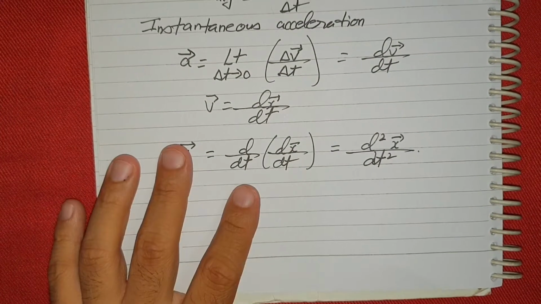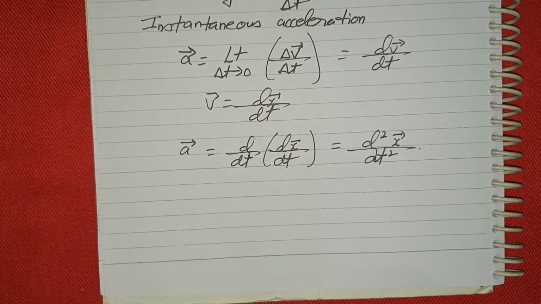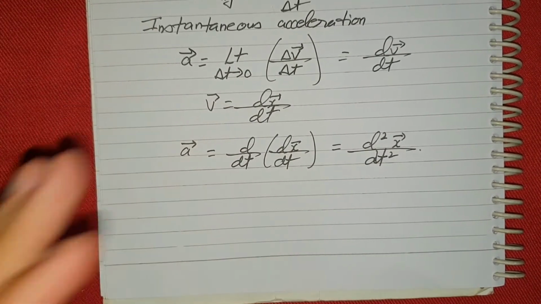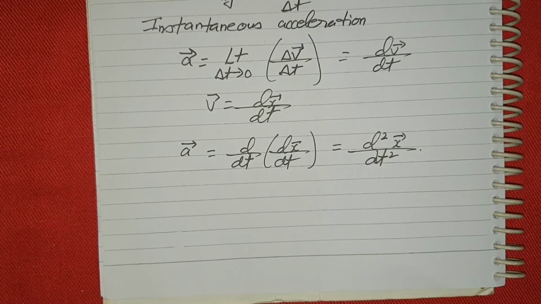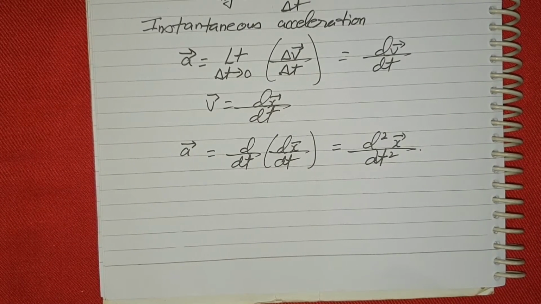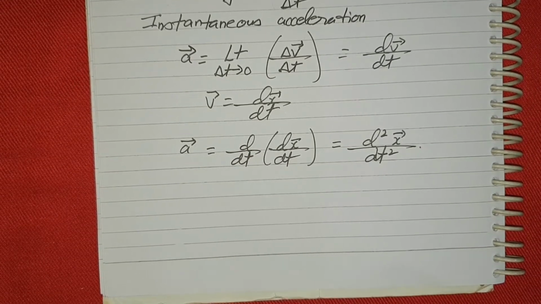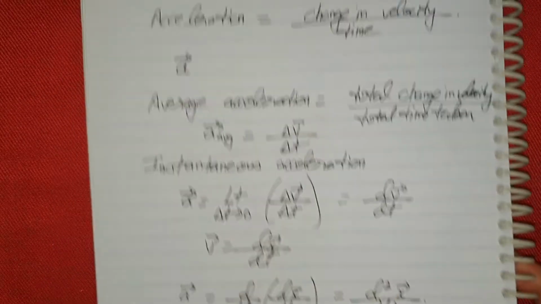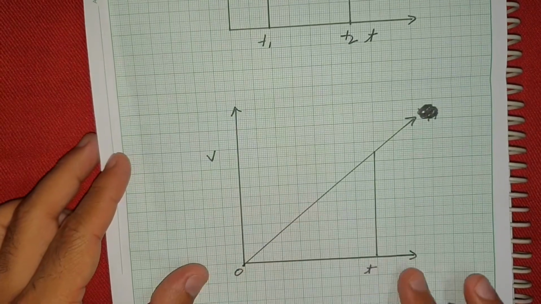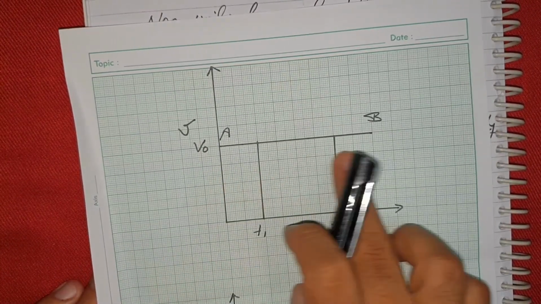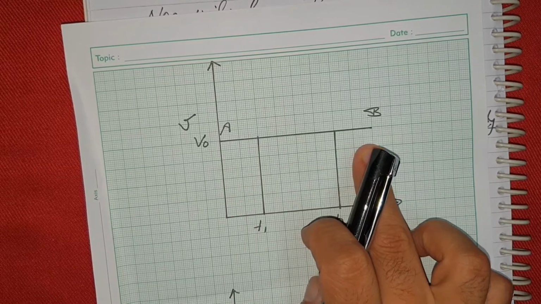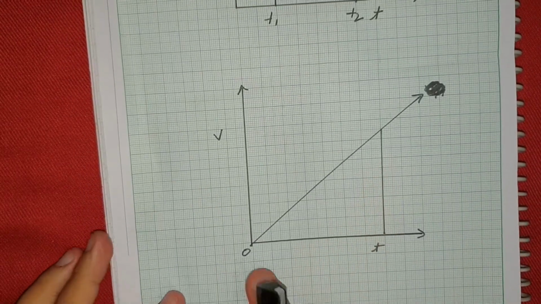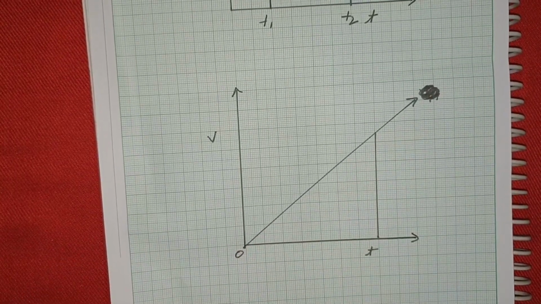So, if a position is given, you have to differentiate with respect to time, then differentiate again, meaning double differentiation with respect to time. Now, let's discuss some graphs. In the velocity time graph, this is a uniform velocity, and this is a moving accelerated body.